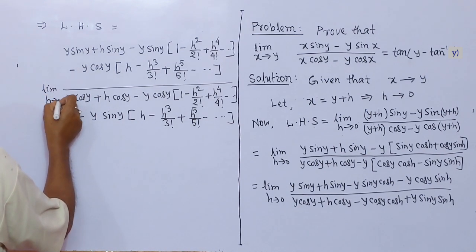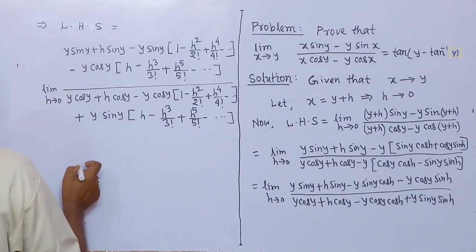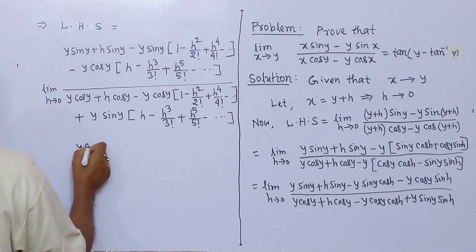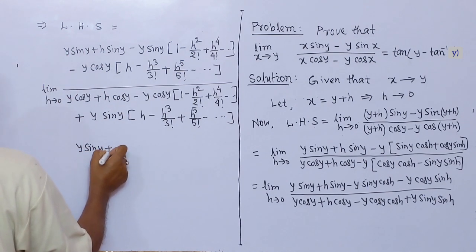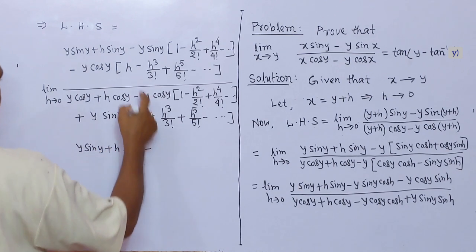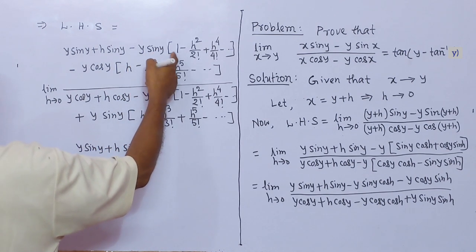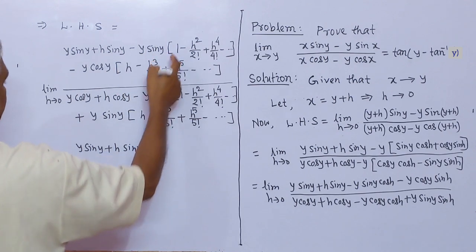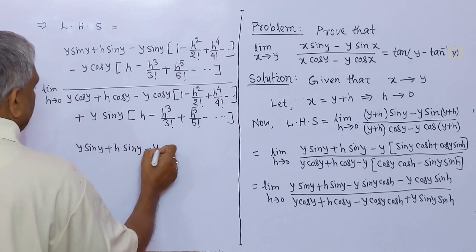h tends to 0. Here we write y sin y plus h sin y minus here y sin y multiply 1 means minus y sin y.